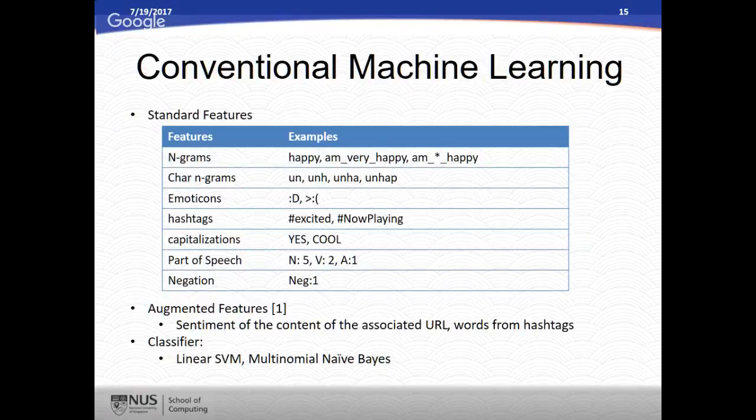So one idea is to download the content of the URL itself, do some sentiment analysis on that, and use it as a feature for your ultimate task. Normal classifiers like linear SVM and multinomial Naive Bayes have worked well in the past for this kind of task. I think linear SVM was used in almost all of the SemEval tasks that were there.